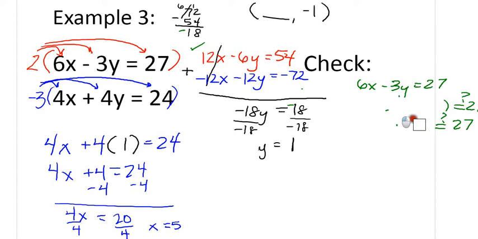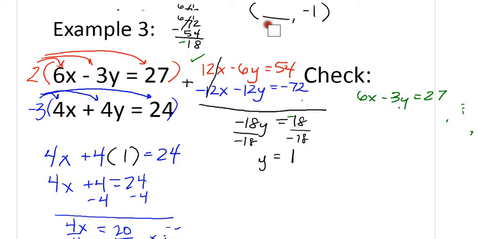I'm erasing where I had checked the work, because I'm going to recheck this now. We think x should be 5 and y should be 1.